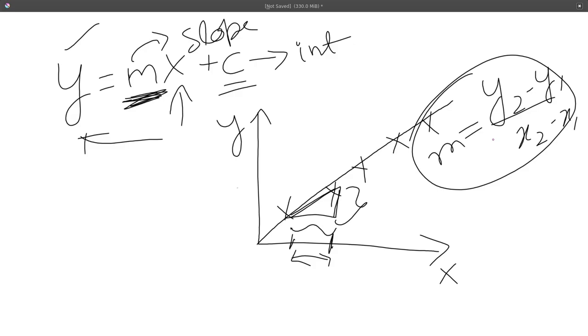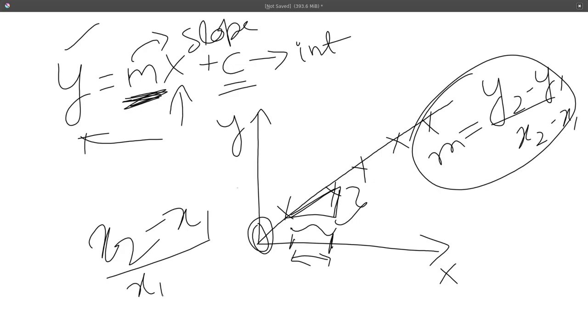C is the intercept at which the line actually passes through the axis, let's just say. For example, for two consecutive values of x, x2 minus x1, if they are consecutive, then this becomes x1 plus 1 minus x1.